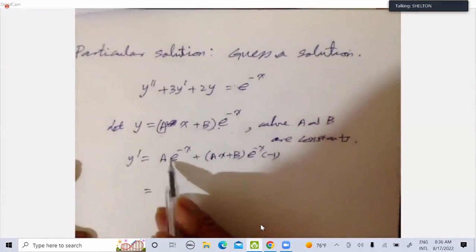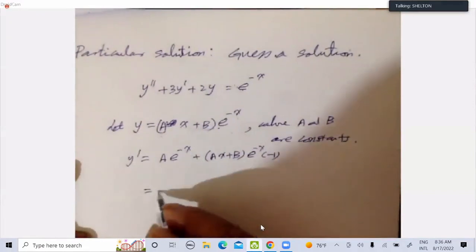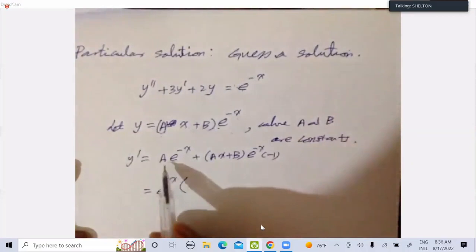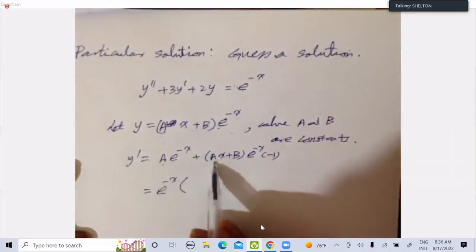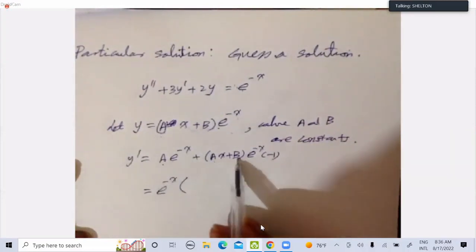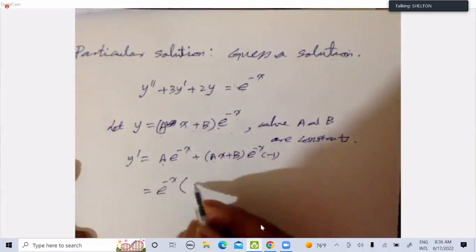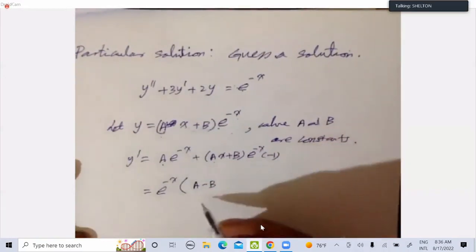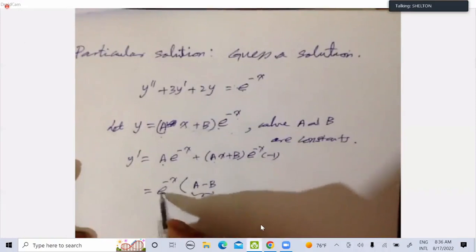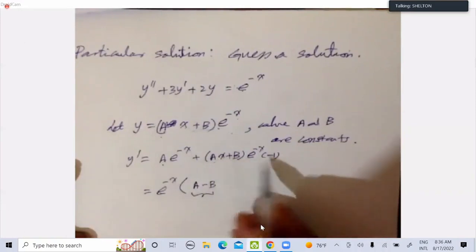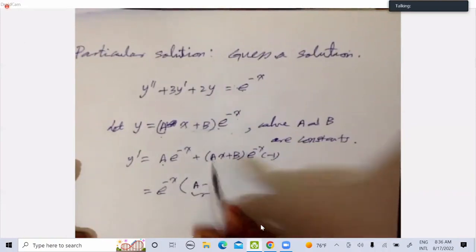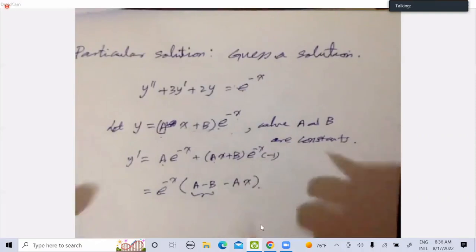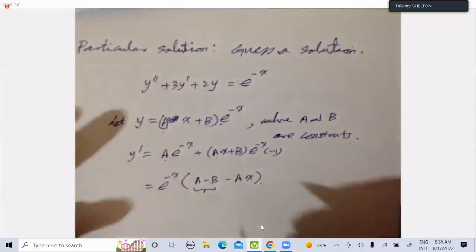So e to the minus x can be factored out. You have a from this one, you have minus b. So (a minus b) e to the minus x, then we have minus ax. That is what you can put for y dash.